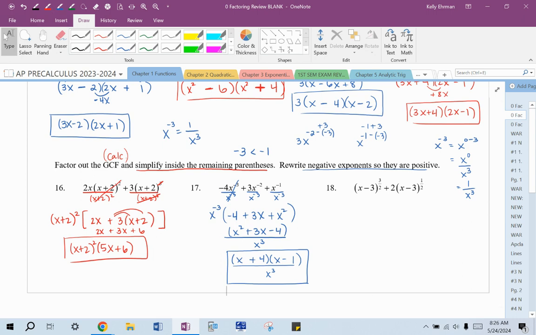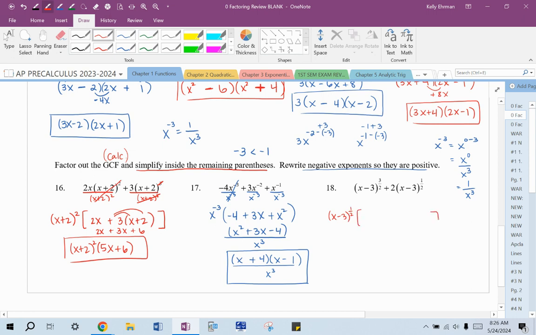Okay, final example here. Parentheses and rational exponents, or exponents that are fractions. So the rule is still factor out the smaller of the two exponents. So 1/2 is definitely smaller than 3/2. So we're going to factor out x minus 3 to the 1/2.